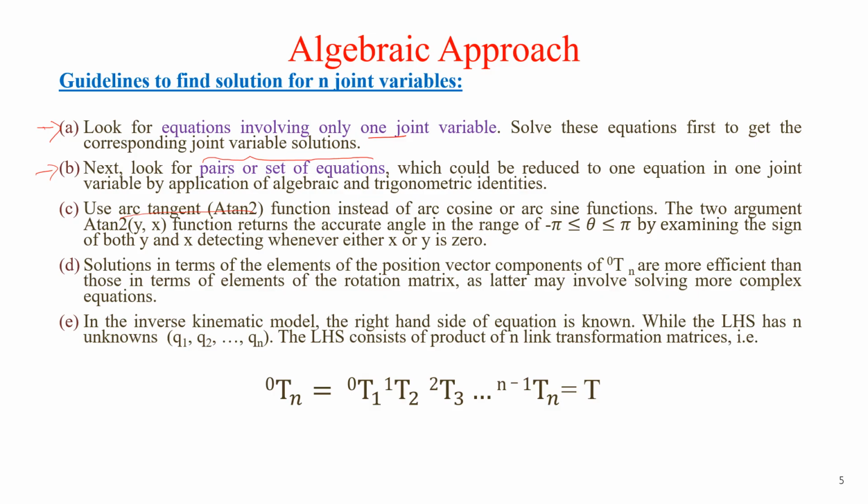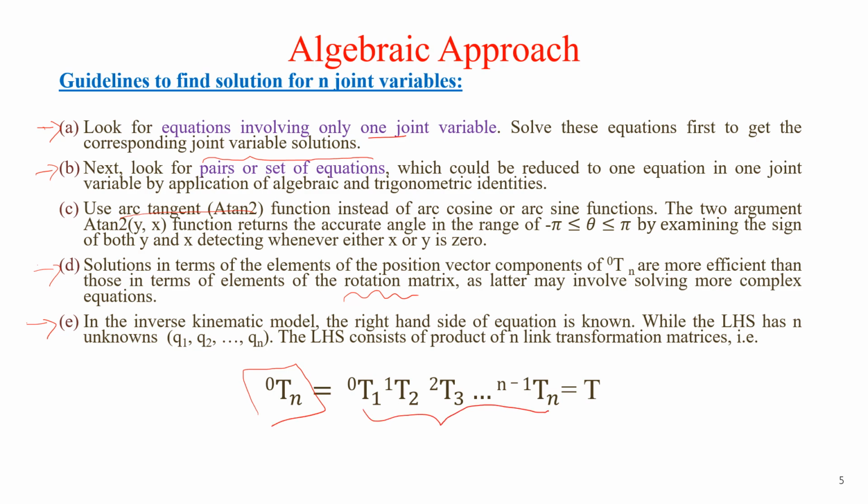And the third point is that, supposing you have the transformation matrix 0Tn, instead of using the rotation information, it is always preferable to use the position information in order to solve for the elements. The next guideline: here, as given, this is unknown, and the right side is known values.